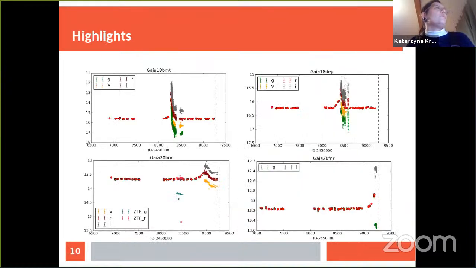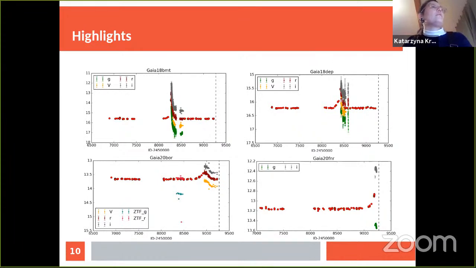These are some highlights that we managed to gather along the years. I have chosen events for which we have nice follow-up. Most of the follow-up comes from events observed by telescopes from the OPTICON network, so thank you very much for your data, along with other collaborators such as the Lithuanian team from Vilnius University, as well as LCO, and in the past we have also used the REM telescope and SMARTS.